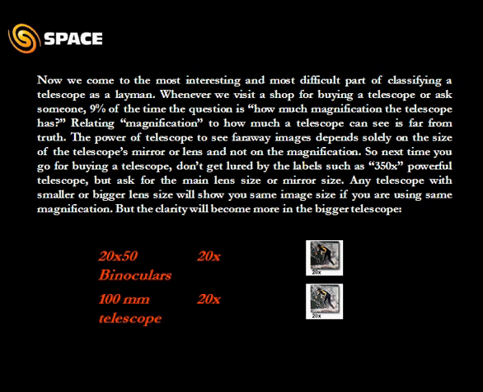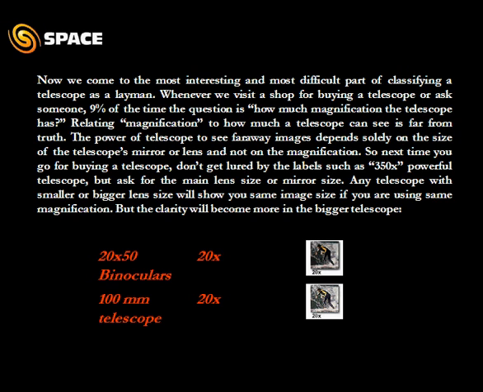In this figure, you can see 20 by 50 binoculars at 20x and a 100 mm telescope with the 20x, and you can see it's clearer in the telescope because we have a bigger dimension in terms of the mirror. Now if you have a 20x in one of the largest mirrors in the world, it will show you the same size of the image, but the clarity of the image would be much better in terms of resolution in bigger mirrors.